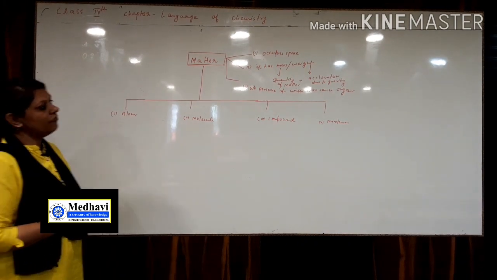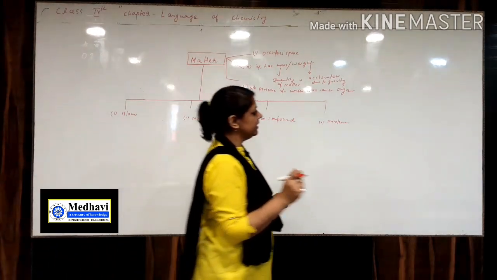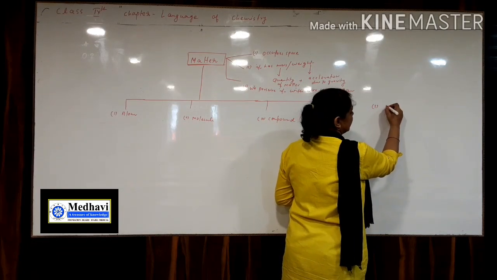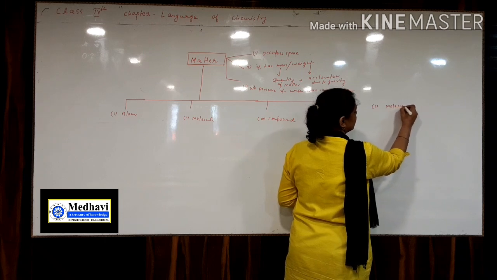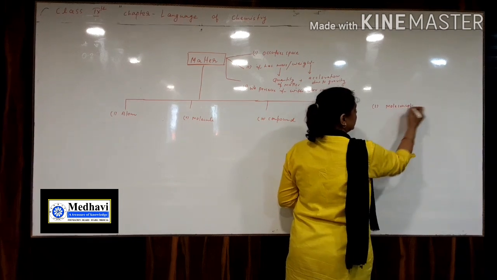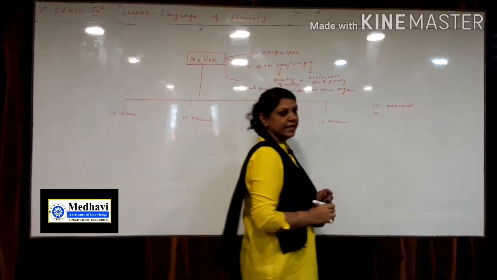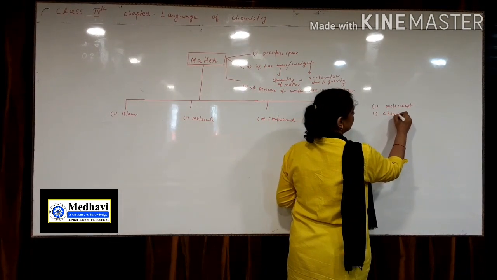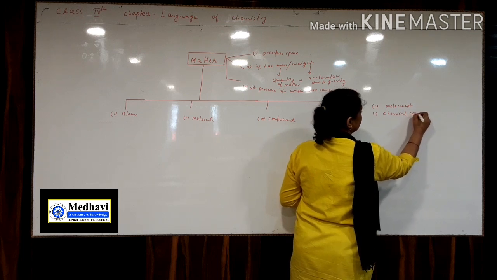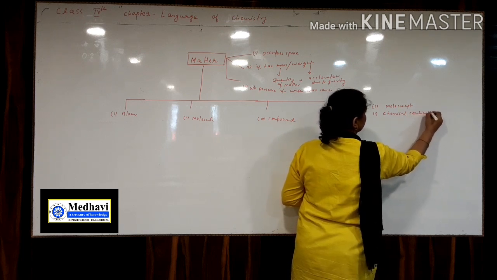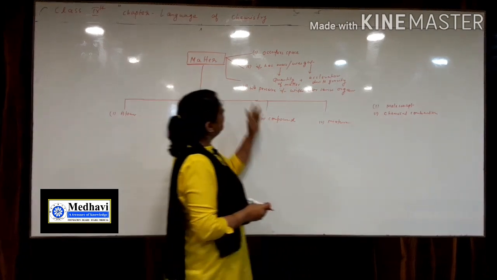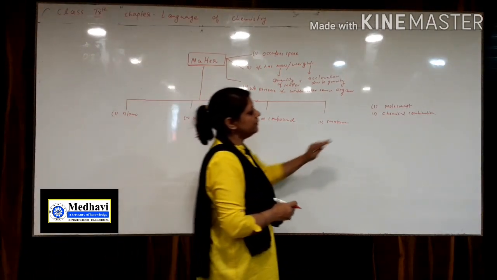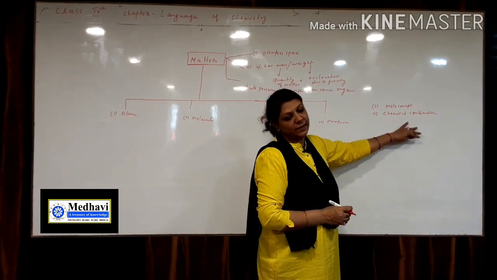Apart from that, a very important chapter we will study in standard 10th ICSE, that is mole concept, or the same topic you will study in standard 11, that is chemical combination. So if you have problem in this chapter, you cannot solve numericals based on mole concept and chemical combination.